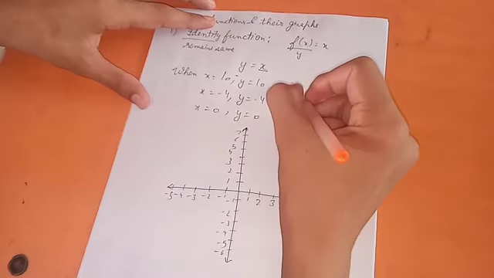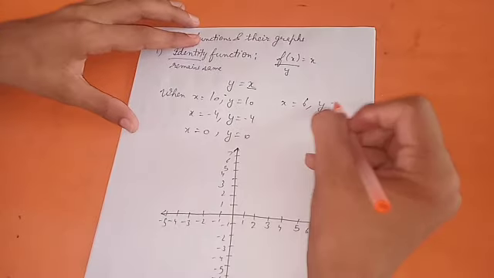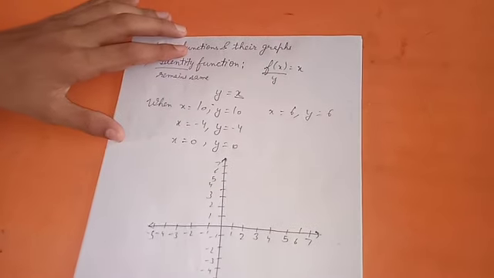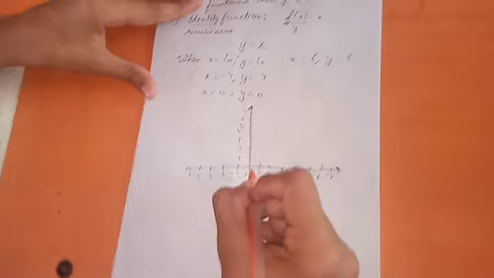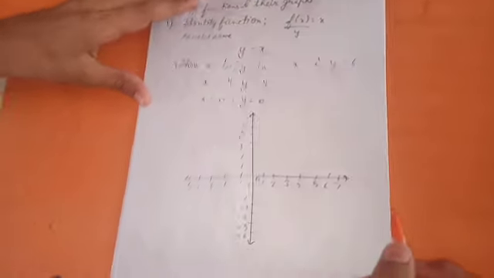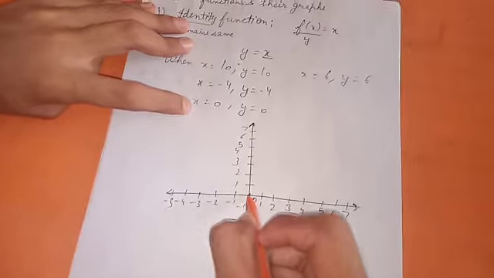We can take one value of x as 6, and then we will get the y value also 6. So using this we will draw this graph. It is our origin O. So first of all, x is equal to 0, then y is also 0. This point lies here.